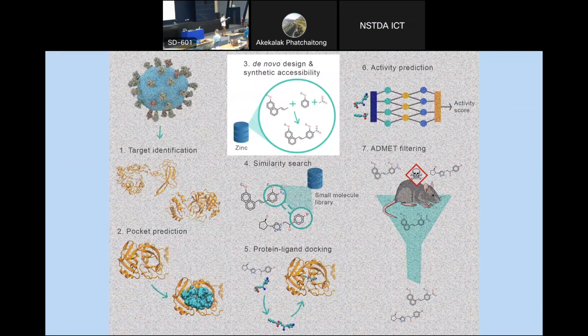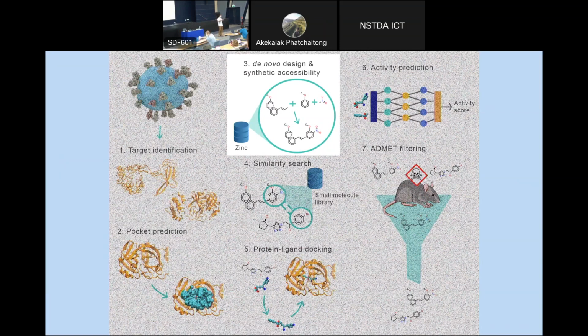Later we have a tutorial where you'll go through it, and there will be more explanation. A de novo molecule means we know the pocket. We try to attach different fragments of small molecules and try to grow a molecule that will fit that pocket.